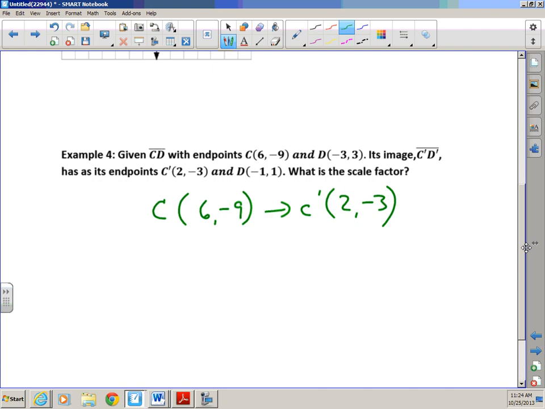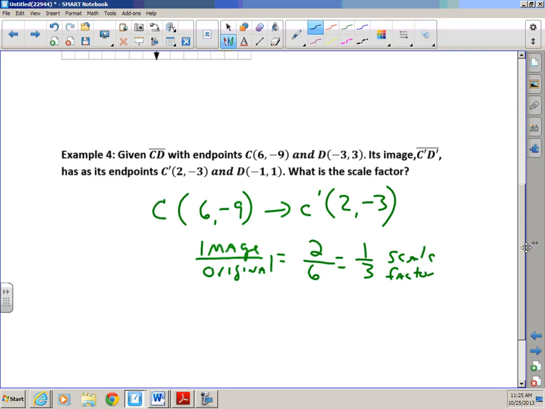How do I figure it out? I'm going to take the image and divide it by the original. It doesn't matter which 2 coordinates you use, x or y, as long as you don't mix them up. Image is 2, original is 6, so my scale factor was 1/3.